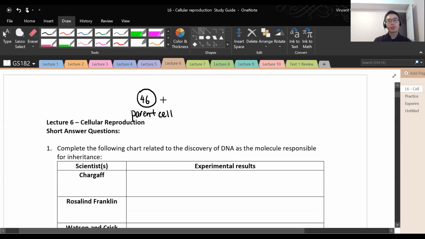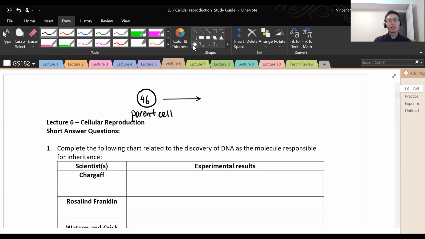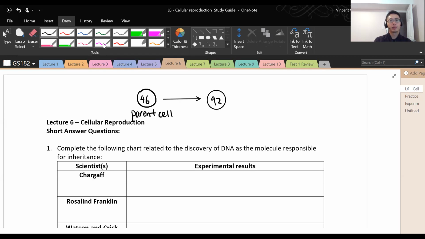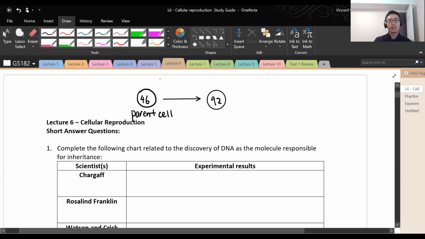And what happens is, before the cell divides, it is going to double all its genetic material. So 46 becomes 92. And the process by which this happens is what we call DNA replication.